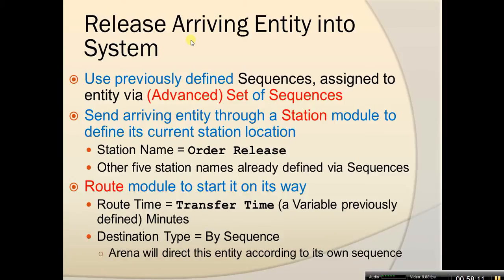So Arena will take care of routing the parts based on that sequence. And if it's just a route, Arena initializes its job step attribute on its own. So let's go ahead and do that.